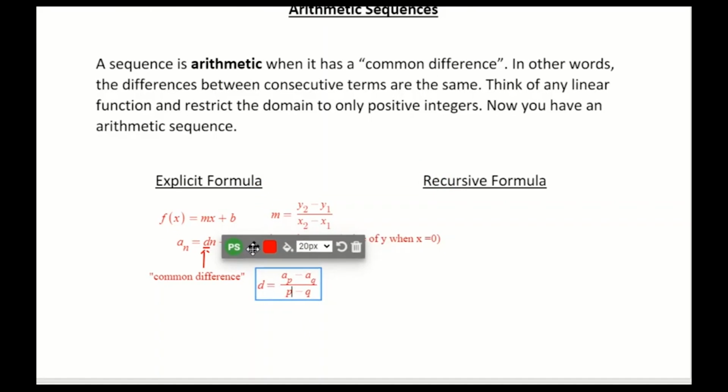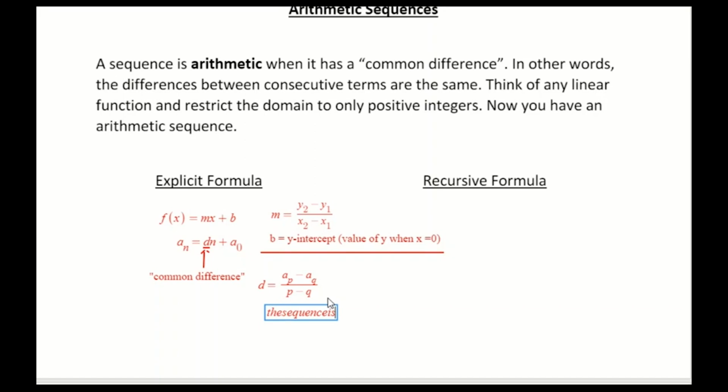In the arithmetic sequence, same basic idea, except the easiest way I think to calculate a sub 0 is just to find a sub 1 if you can, and then just subtract the common difference. There is an algebraic way to solve for it, and if we come to a problem where we need to do that, I can show you that. But usually the easiest thing to do is to say a sub 0 equals a sub 1 minus the common difference.